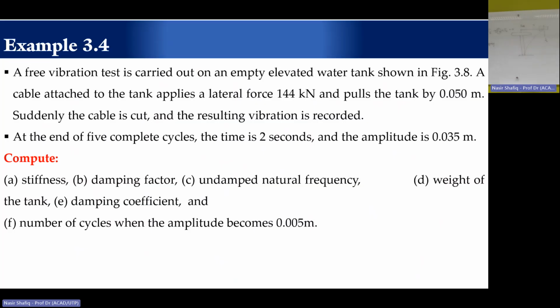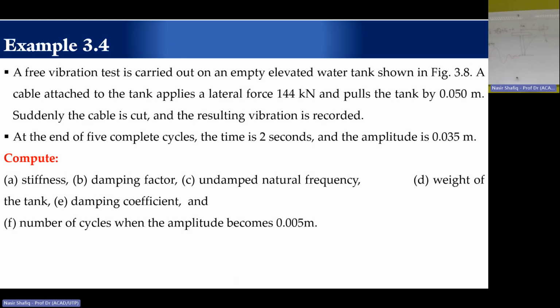But if it is an underdamped system, we expect something like this, depending on the damping ratio of the system.